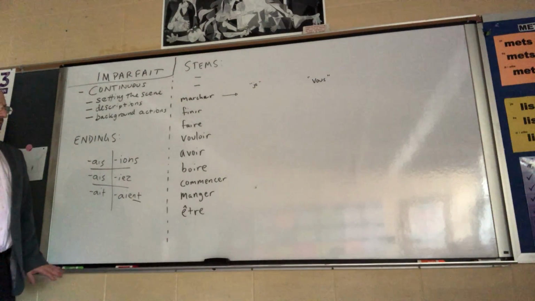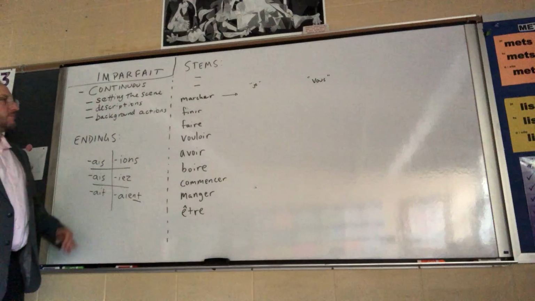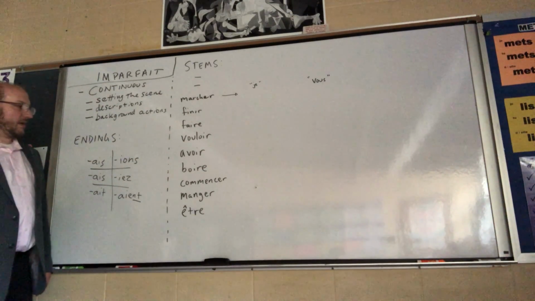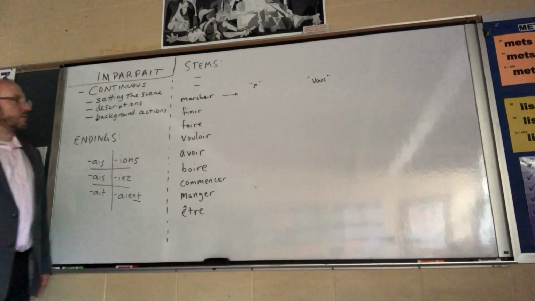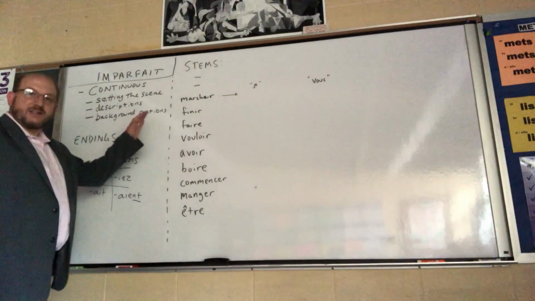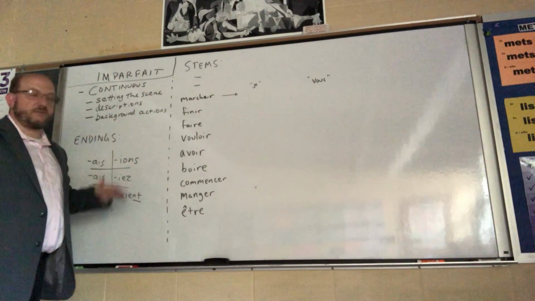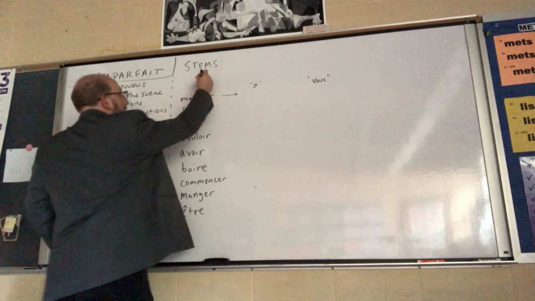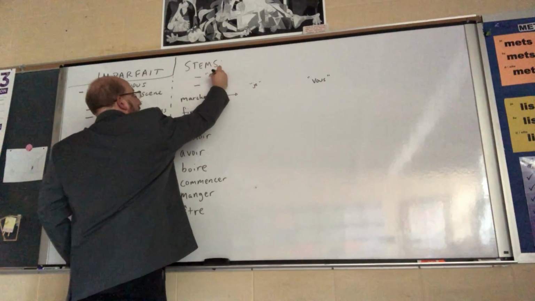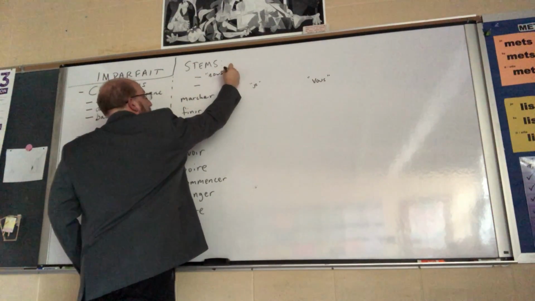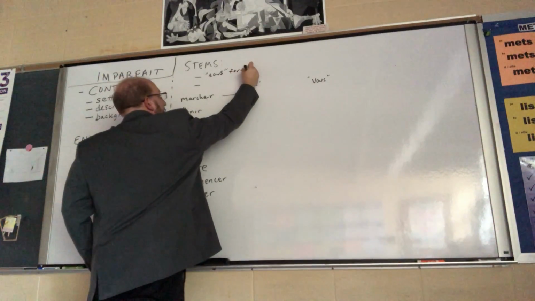Now the difficult thing, or the somewhat more difficult thing, is the stems of verbs in the imparfait. There's a basic rule that we follow though, so if we know the present tense conjugations, this rule is actually very easy. First of all, we take the nous form in the present tense.